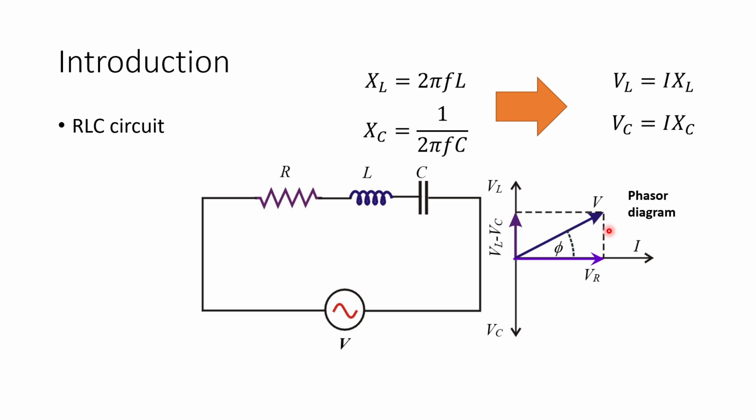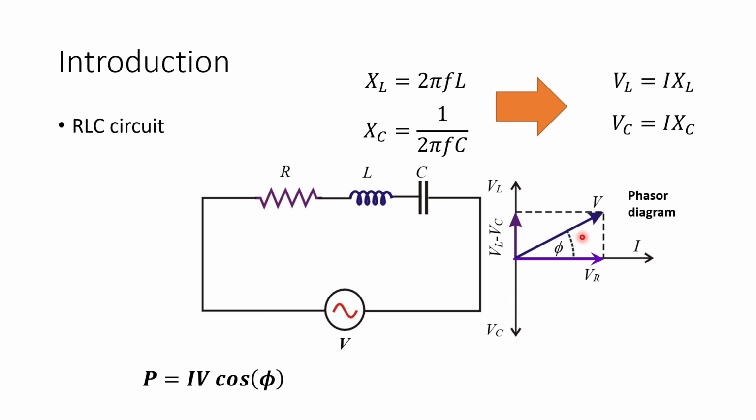Again, to calculate VL and VC, VL and VC would be proportional to XL and XC. So you just multiply I with XL, I with XC. These V are actually measurable, but they don't take away any energy. You can measure VL and VC by applying the AC voltmeter across this part or this part, and you can create the phasor diagram to calculate what is the phi here.